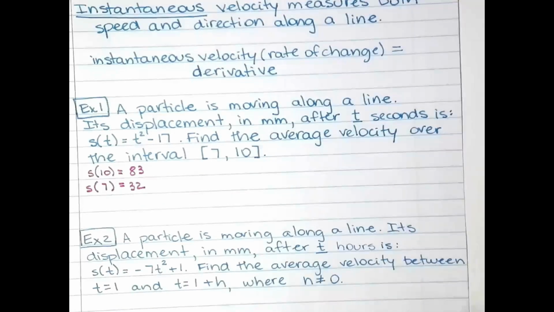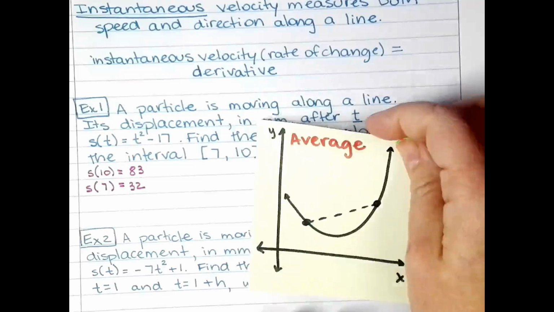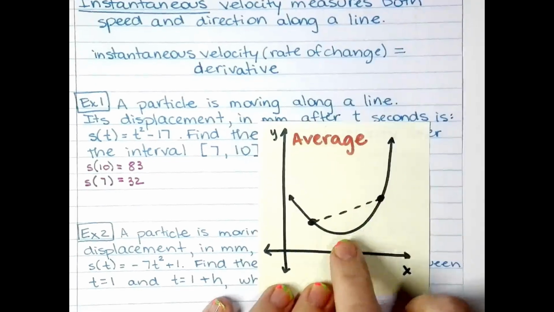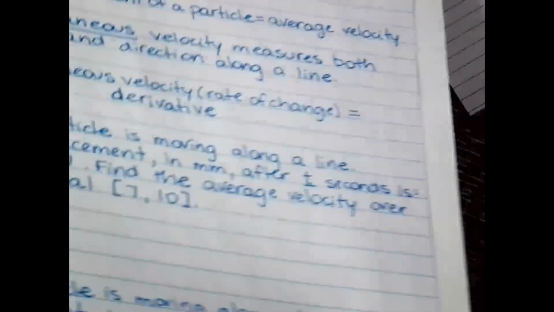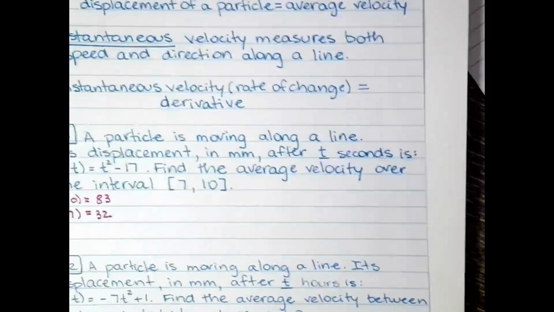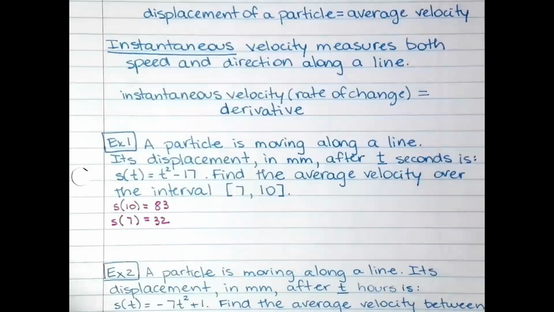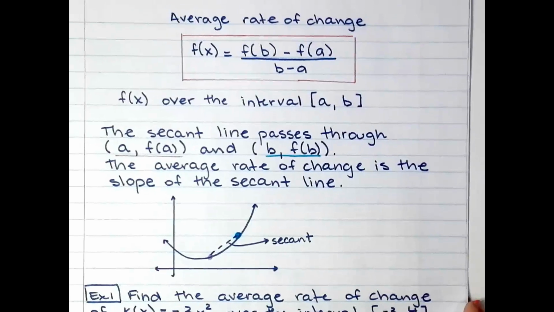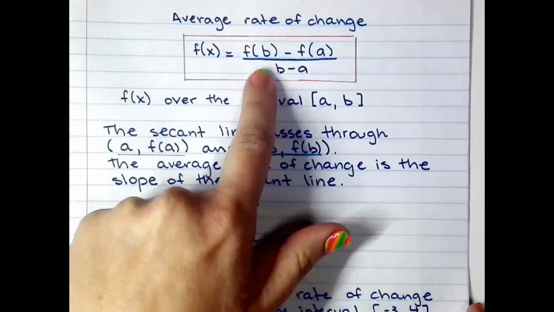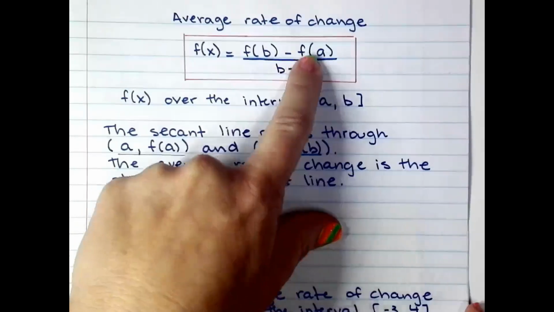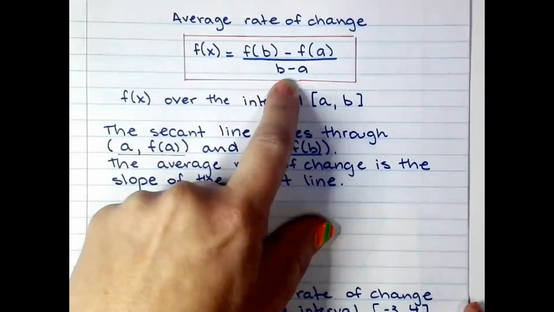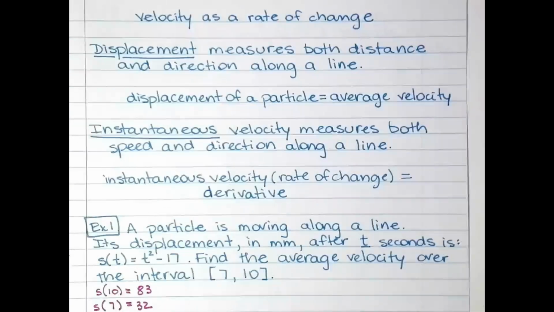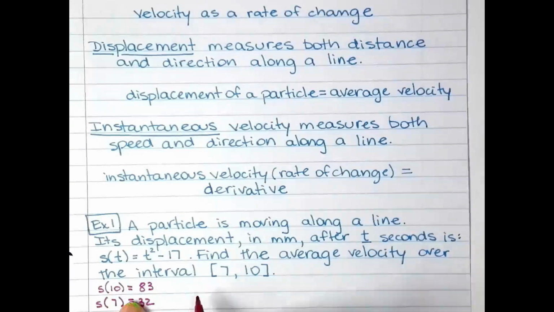So the formula when we're looking for average, an easy way to remember, it's just the slope formula. If you remember from a couple of previous videos, the average rate of change is f of b minus f of a over b minus a, or the difference in y over the difference in x. That's what we're going to do.